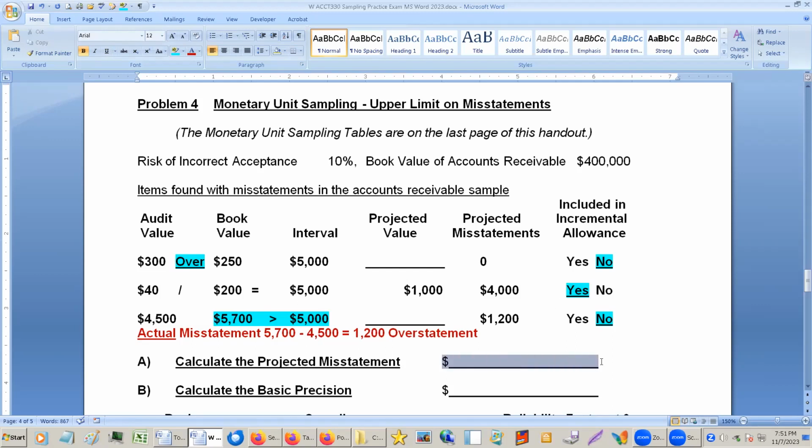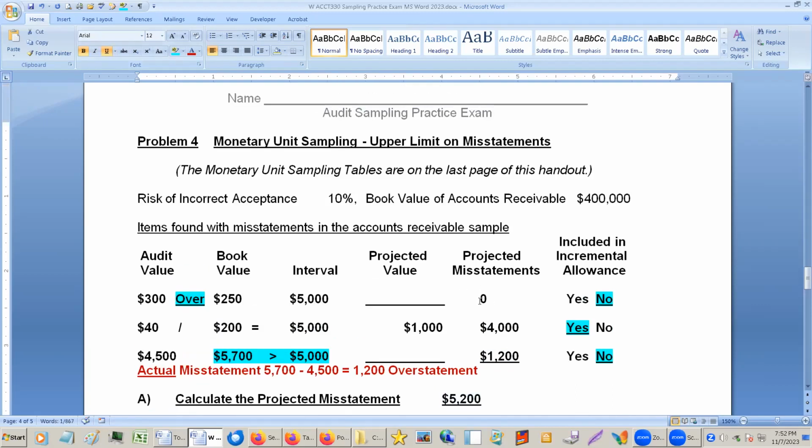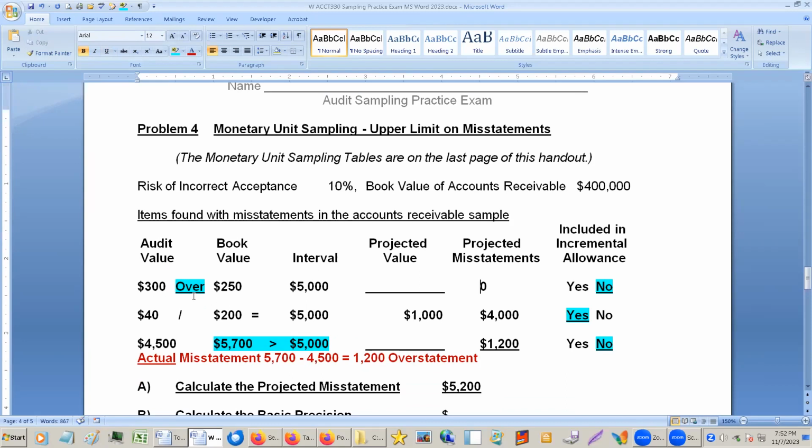Okay, so the projected misstatement is 5,200, just adding all these up. And again, technically, I said this wrong. Change this.